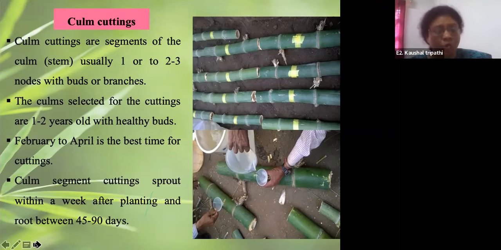February to April or June is the best time for cuttings. Culm segment cuttings sprout within a week after planting and root between 45 to 90 days. Sprouting takes place very fast, but the rooting process is completed in 2.5 to 3 months. Next slide, please.